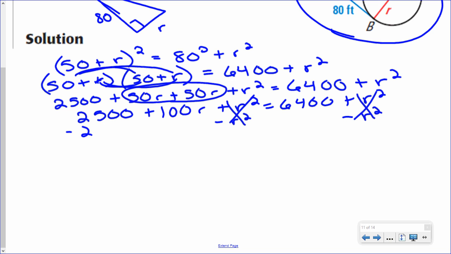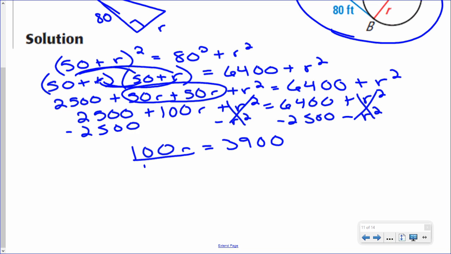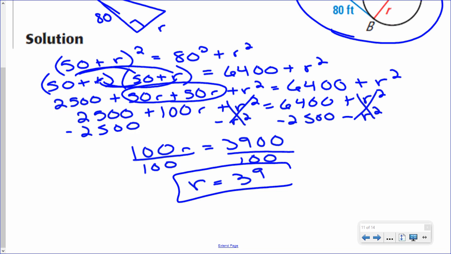You'd subtract 2,500 from both sides, giving you 100R equals 3,900. If you divide by 100 on both sides, your radius is 39. What's kind of cool about this problem is you could be on the outside.